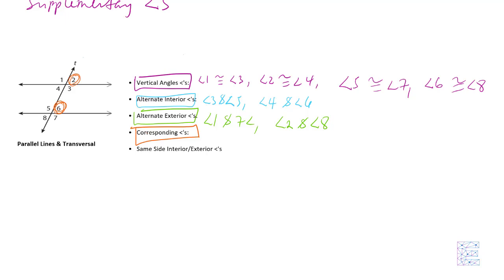So an example is angle 2 and 6. Another one is angle 3 and angle 7 on the bottom right. And of course, these are all congruent. If you have one, you have the other. And on the left side of that line, angle 1 and angle 5. And of course, angle 4 and angle 8.